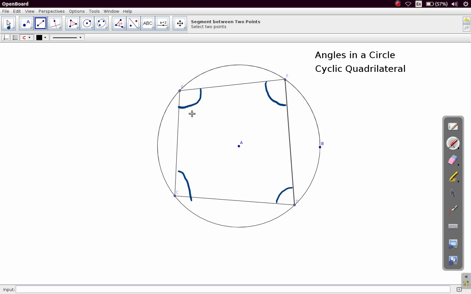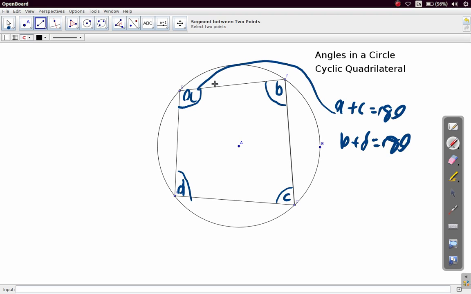Suppose you have angle A, angle B, angle C, angle D. It means that angle A plus angle C is 180 degrees, and angle B plus angle D is 180 degrees. So A and C are opposite angles of the quadrilateral. This is B and this is D.